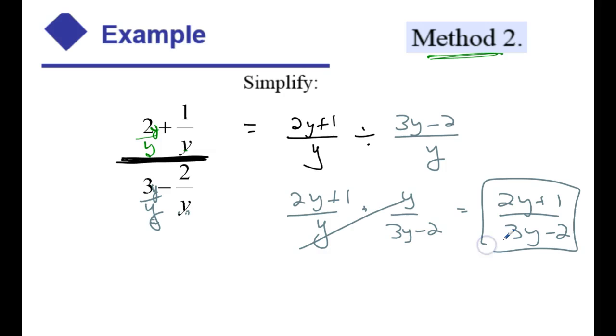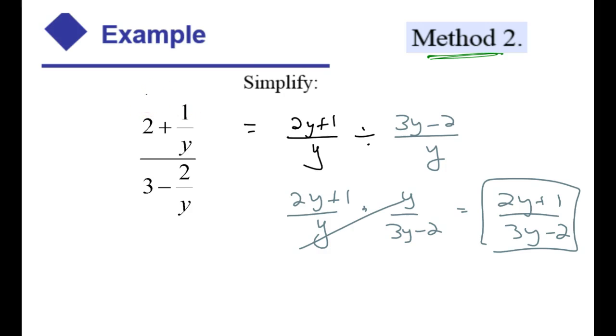The reason why I'm not a big fan of method number 2 is because it simply just seems like a little bit more writing. If I were to go back and rework this problem using method number 1, it would look like this.